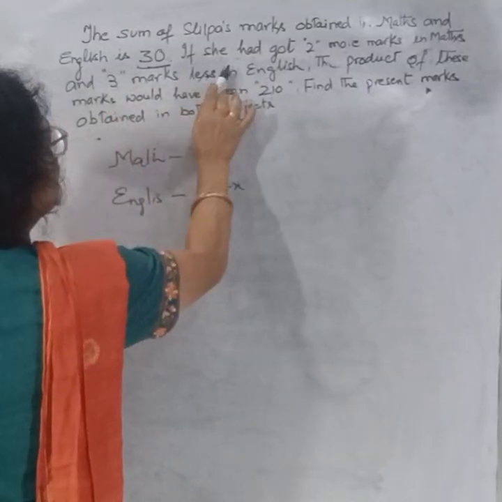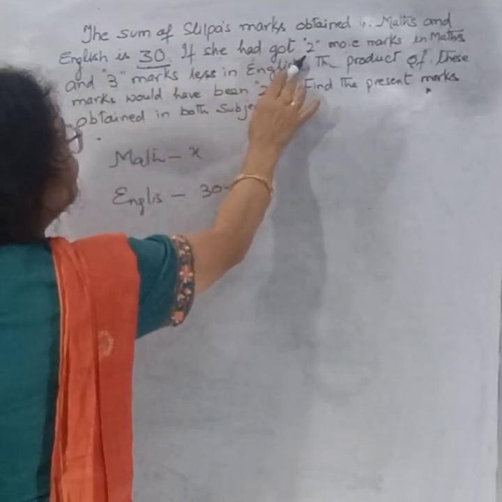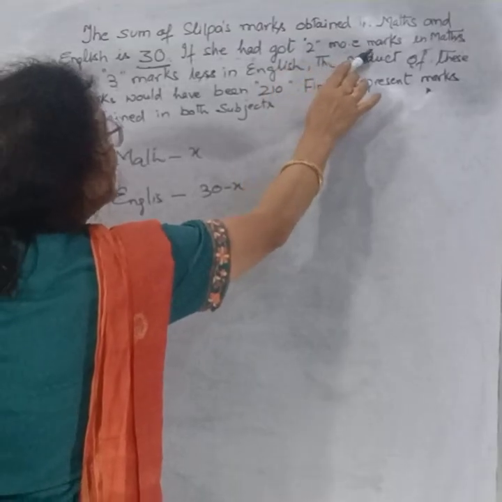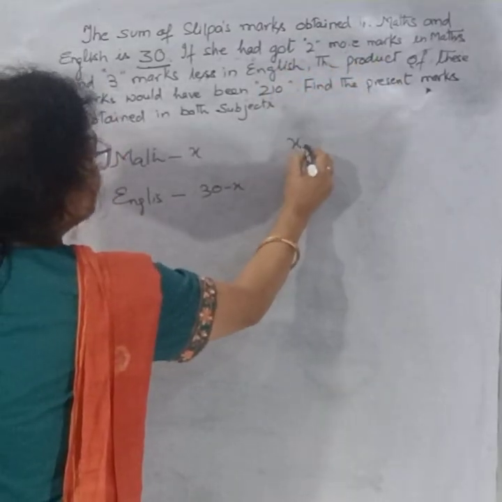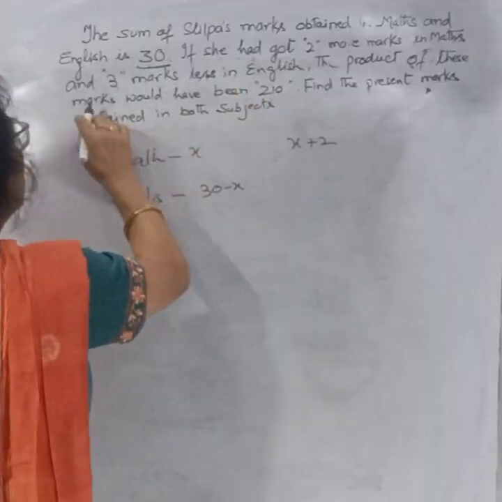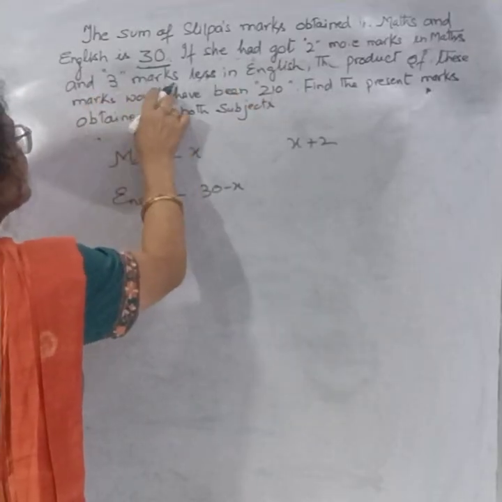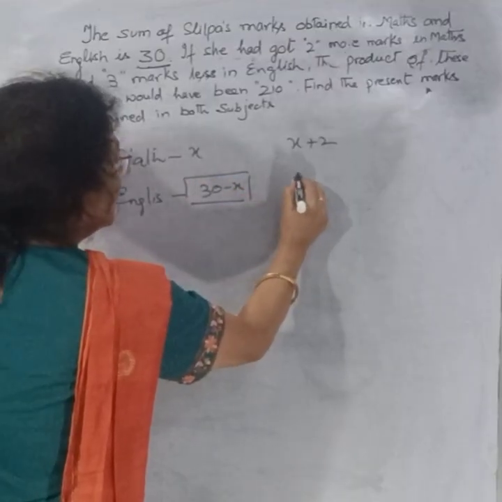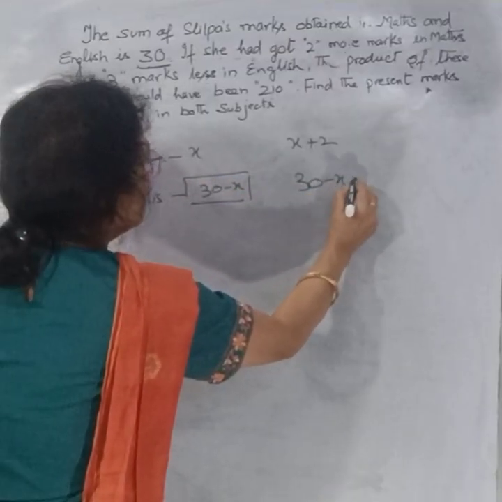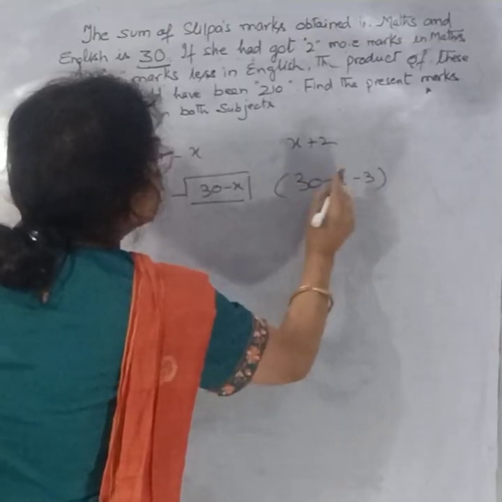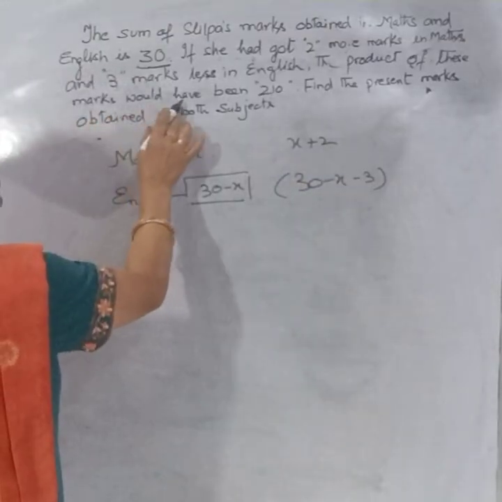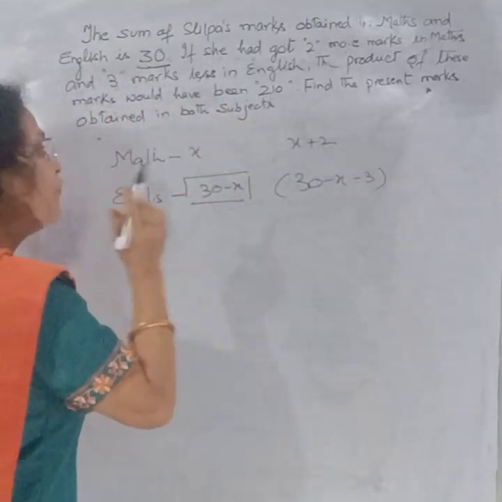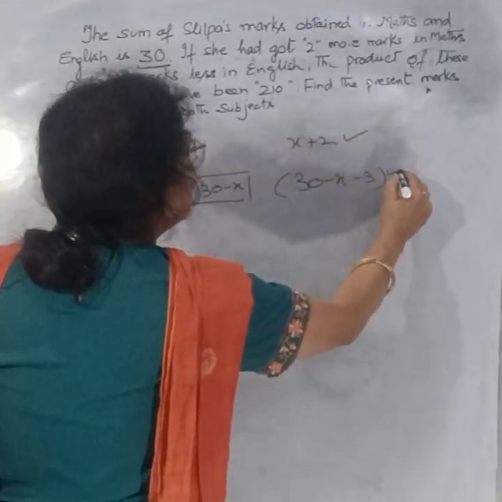Now, if she had got two more marks in maths, it means plus 2 marks more, and 3 marks less in English, it means the English marks will be less by 3, then the product of their marks would be 210. It means the product of these new marks will be 210.